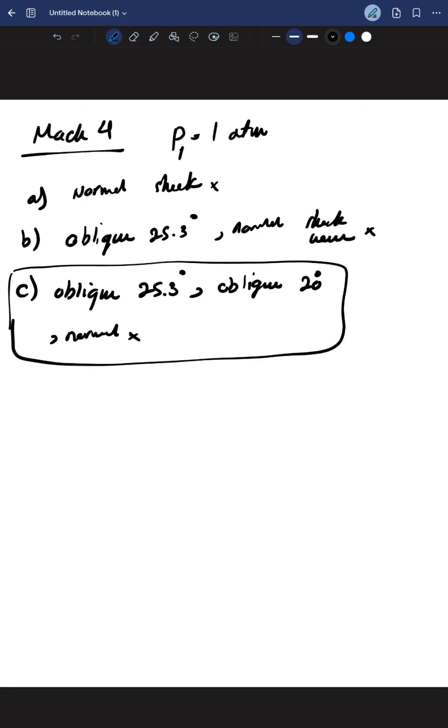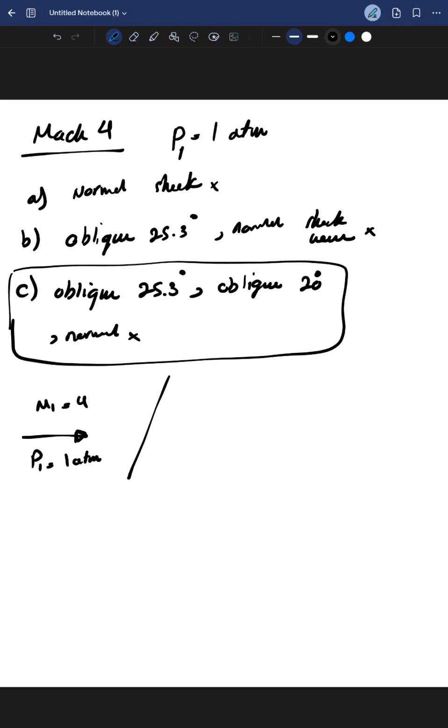So how does part C look? This is Mach 4, M1 equals 4. We are also given P1 as 1 atmosphere. Then there's an oblique shock wave with a deflection angle of 25.3 degrees. What does deflection angle mean?